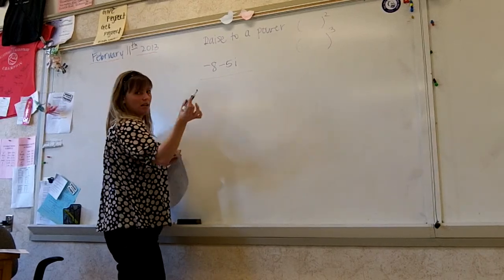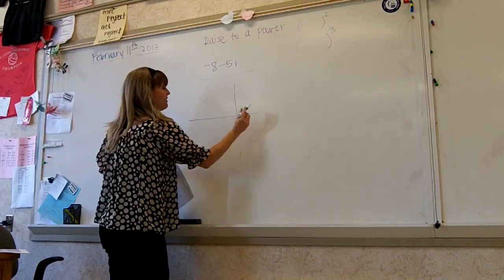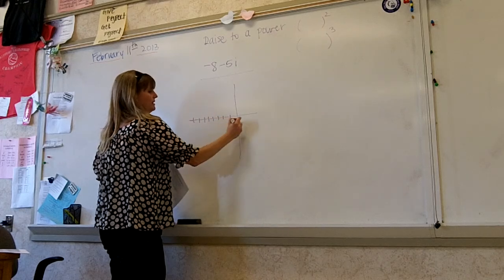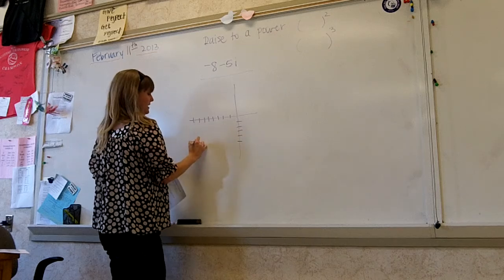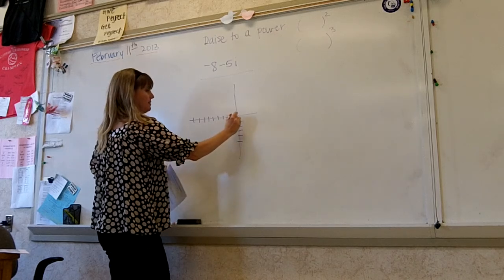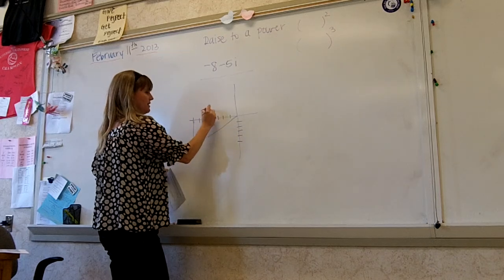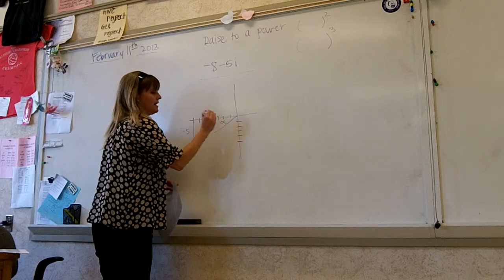So recall, and I'm sure that you guys all love doing this, I'm just going to graph the point -8 on the real axis and -5 on the imaginary axis. And I'm going to think about it as a triangle in the 3rd quadrant. And all I have to do is figure out this little angle right here.